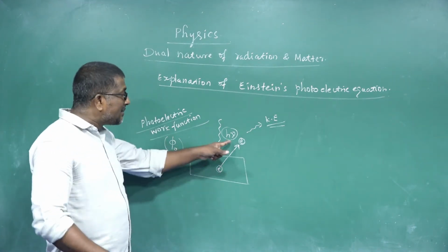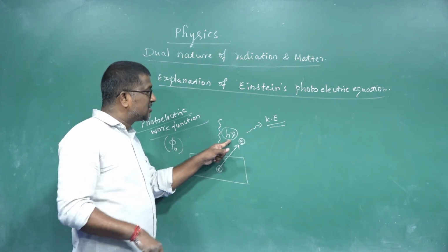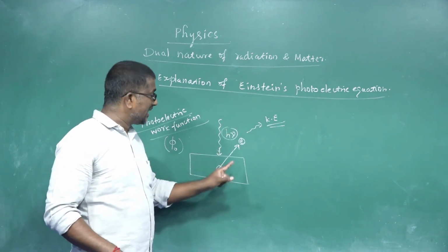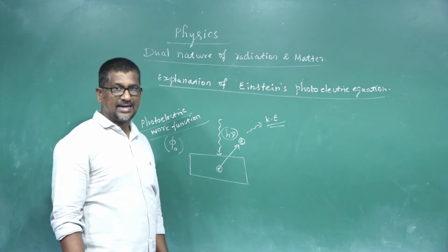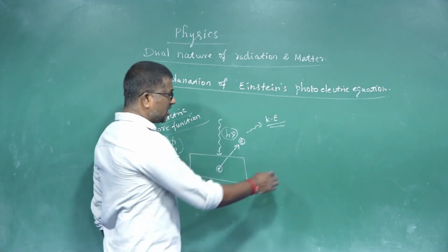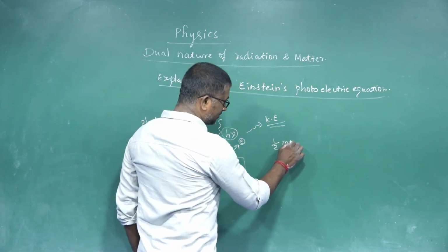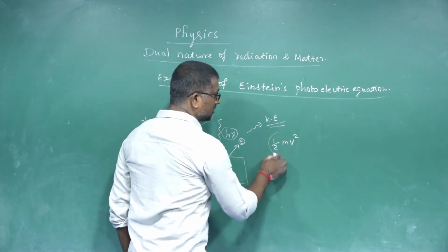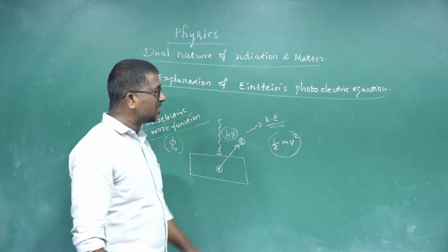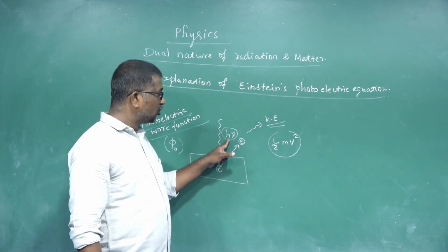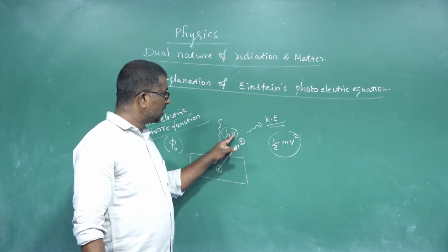And the remaining part of the energy of the incident photon is converted into kinetic energy of the emitted electron. Here the kinetic energy of the emitted electron is given by half m v square. h nu is the energy of the incident photon.